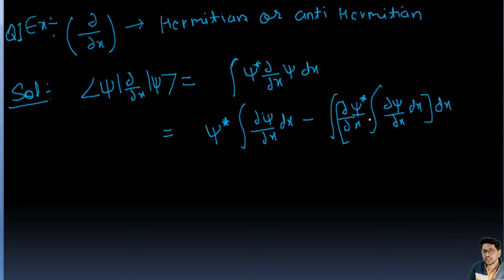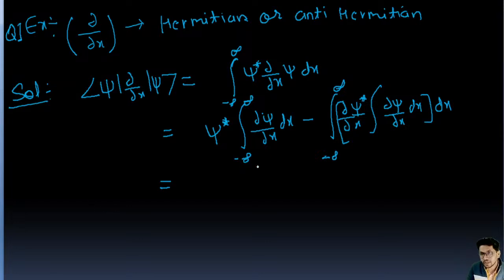We have used integration by parts, right? So now we know the value of psi tends to 0 at minus infinity and plus infinity. The limit is minus infinity to plus infinity.